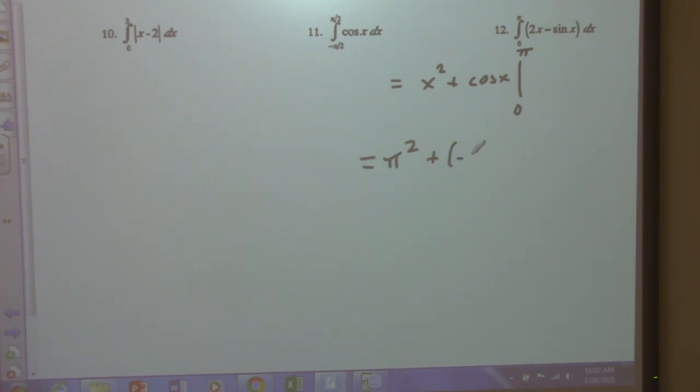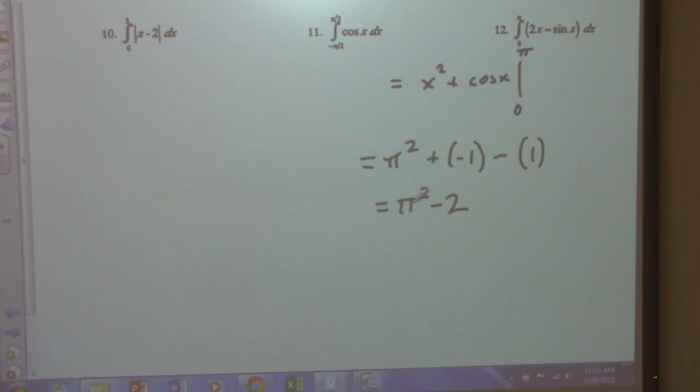Negative 1, right? Then we're going to subtract out 0 squared, which is 0, minus cosine 0, and cosine 0 is 1. So it looks like we're going to get pi squared minus 2. Does that look right?